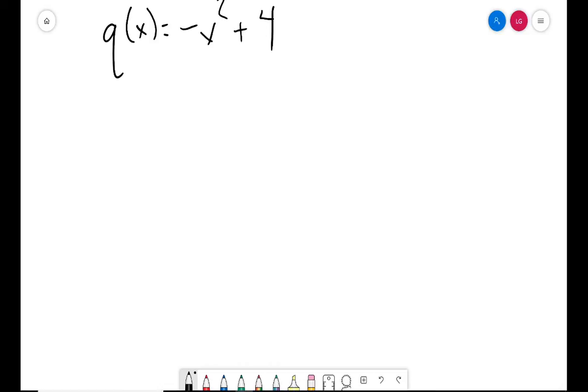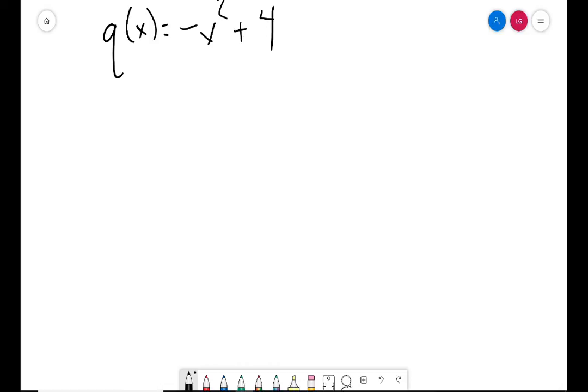Negative x squared plus 4. Likely, depending on what grade you're in, what courses you've taken, you have looked at this type of polynomial. You might not have referred to it as a polynomial. You may have referred to it as a quadratic or a parabola.